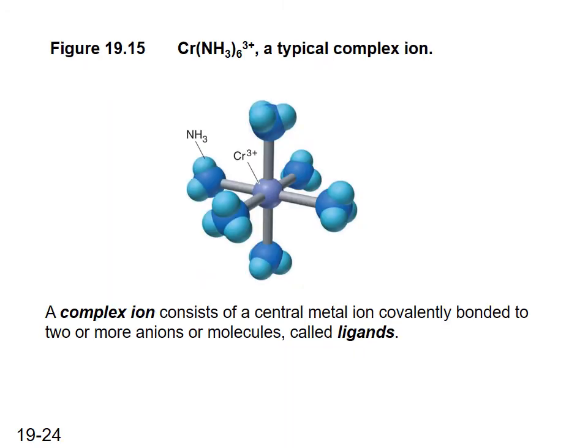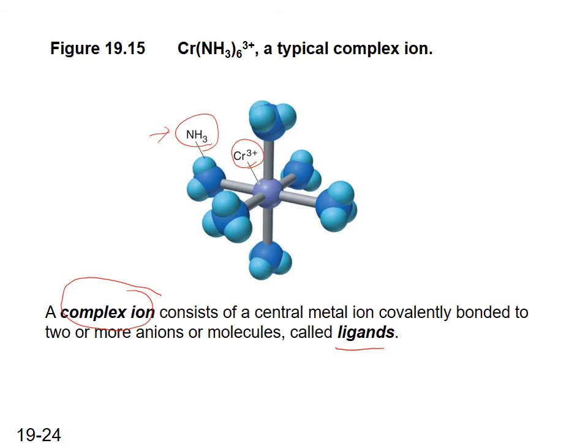Many metal ions can covalently bond to 2 or more anions or molecules, forming what are called complex ions. For example, chromium can bond to 6 ammonia molecules to form a complex ion. Here, ammonia is called a ligand. As we already know, many metals can bond to 2 or more water molecules to form metal hydrates.